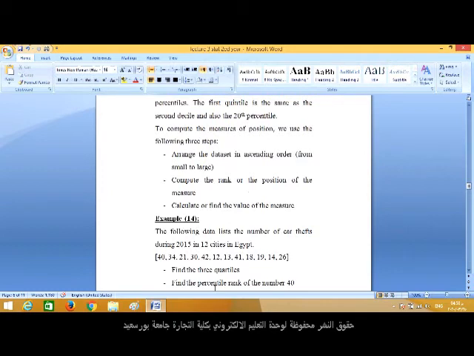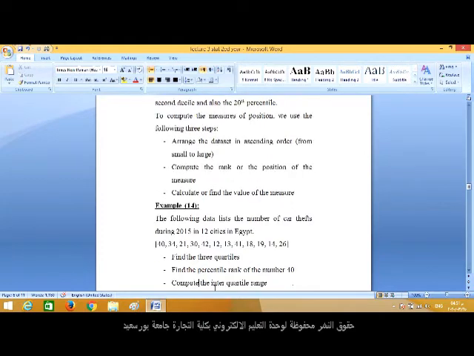Okay, find the 3 quartiles. The 3 quartiles are Q1, Q2, and Q3, or we can say the 25th percentile, the 50th percentile, and the 75th percentile. Okay. Number 2, find the percentile rank of the number 40.